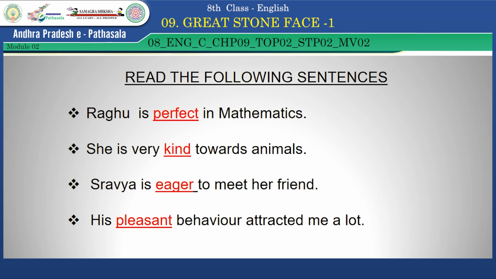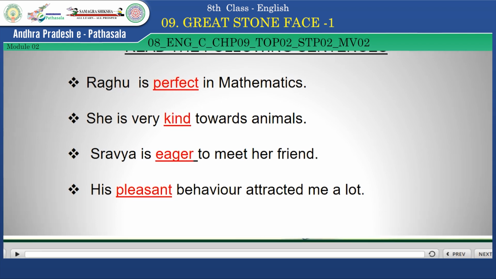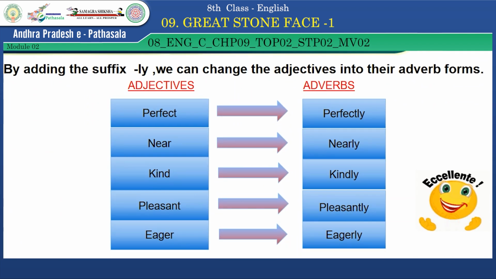Now, let us go for the next part of the topic, working with the language, that is, changing adjectives into their corresponding adverb forms. Dear children, I think you have observed some underlined words in our story earlier, like lately, actually, and exactly. They are adverbs.